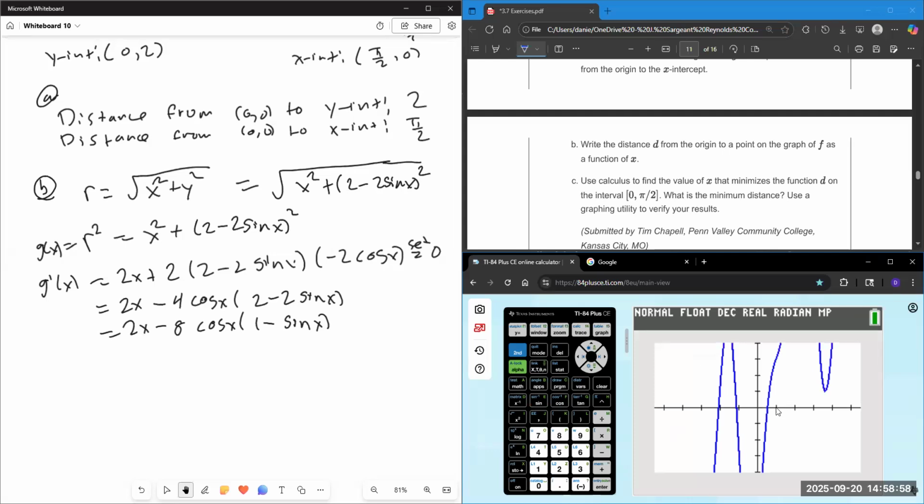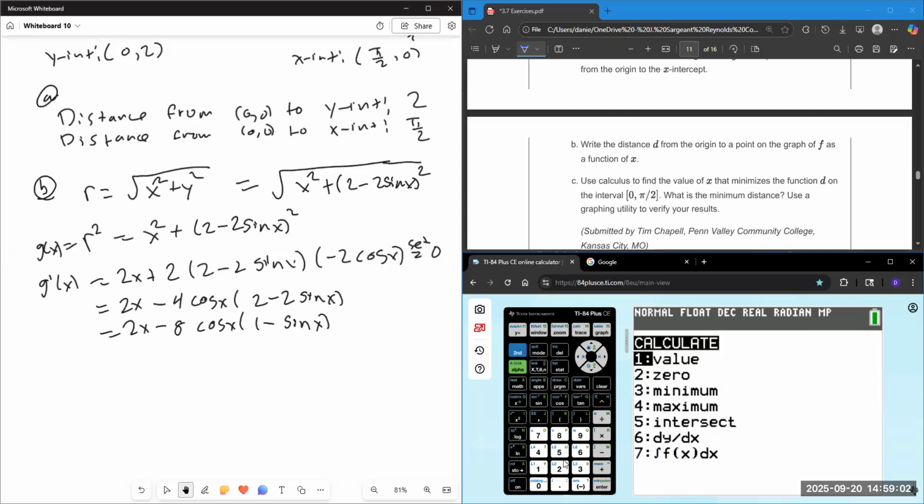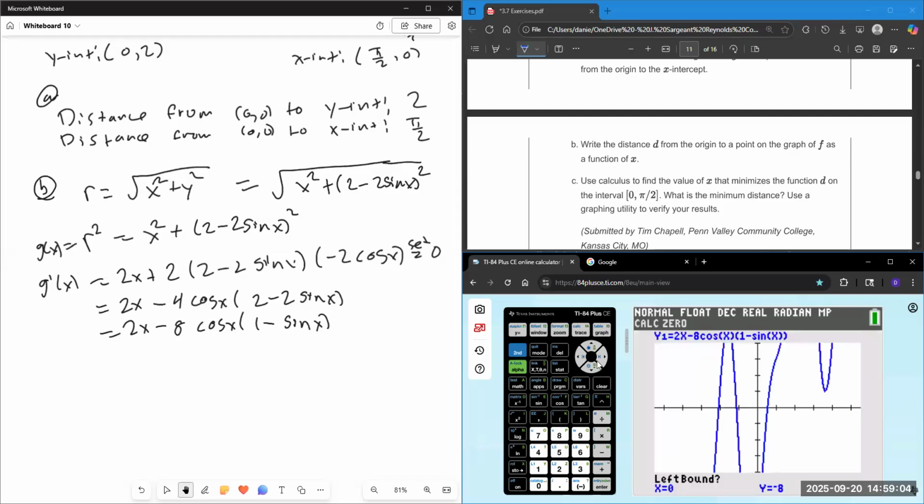I'm interested in the x-intercept here, second calc 2. And x is approximately 0.796723.